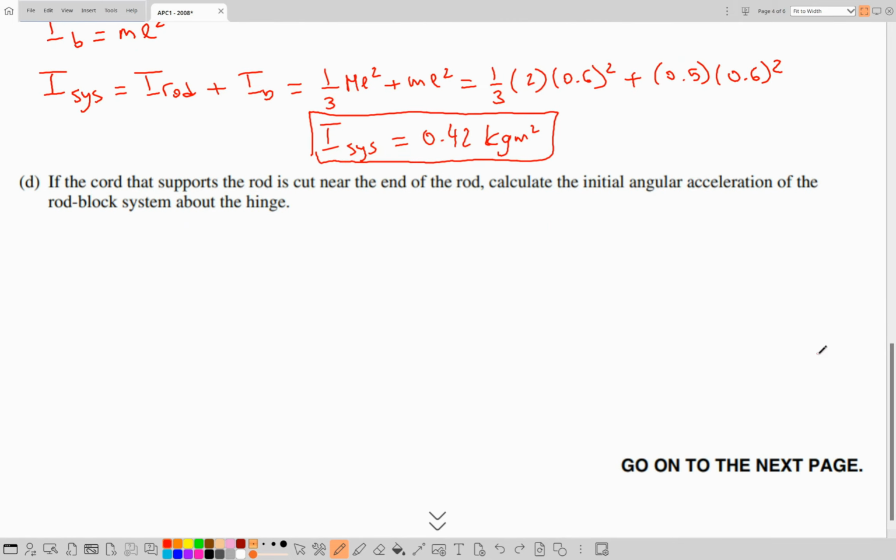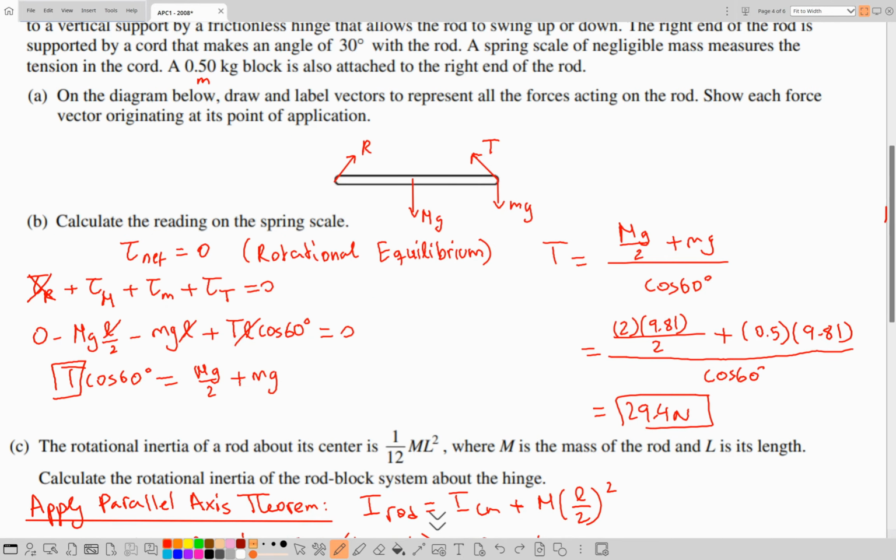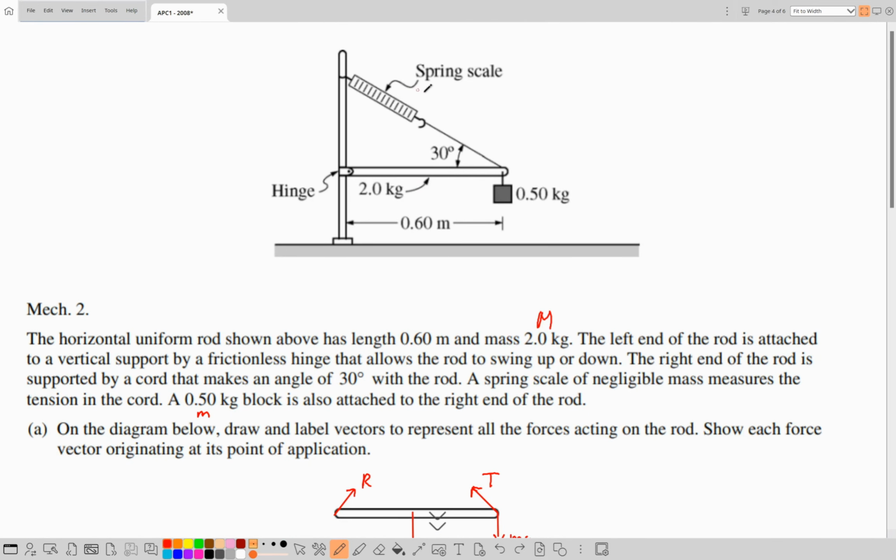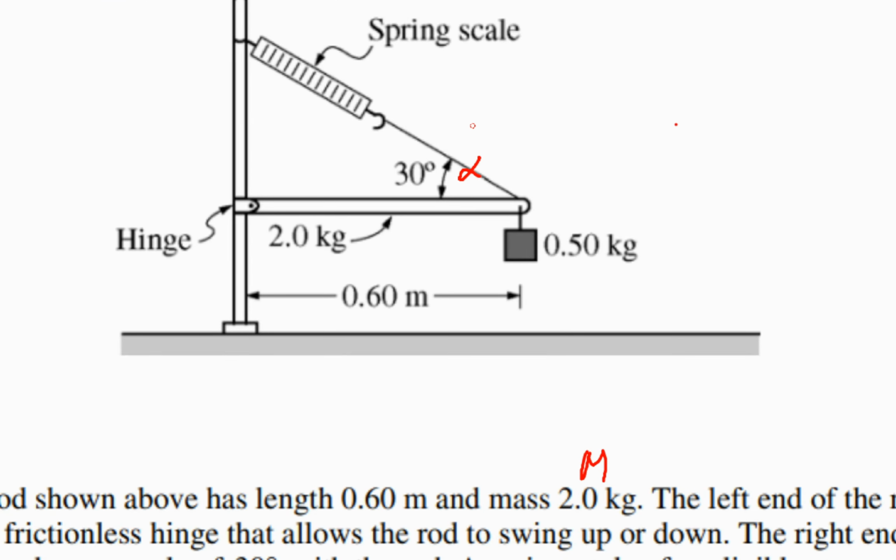Now in part D, if the cord that supports the rod is cut near the end of the rod, calculate the initial angular acceleration of the rod-block system about the hinge. So basically they're telling us that they're going to cut this cord and we need to determine the initial angular acceleration, and this is very important, alpha initial. Now why are they specifying the initial?